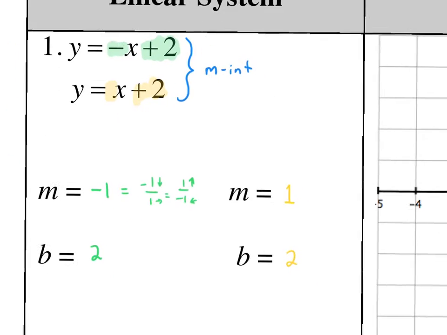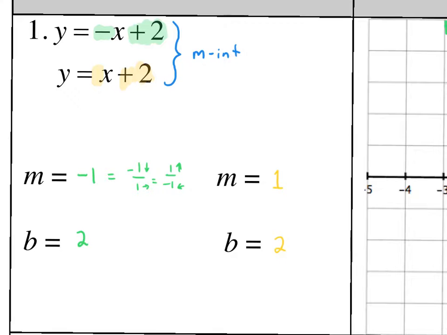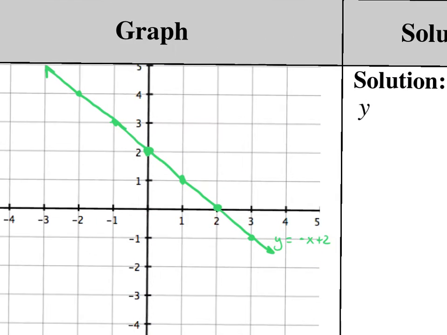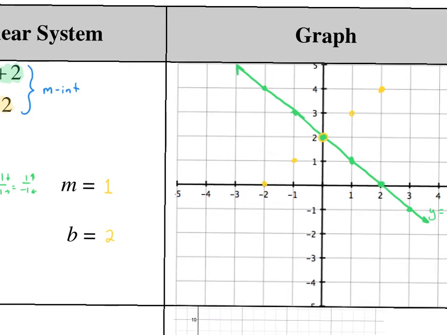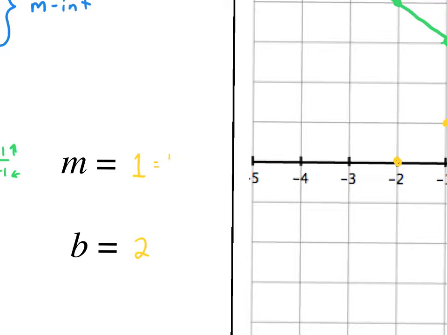Some of you might say, oh look, the intercepts are the same, which means they both touch the y-axis at the same place, which means they intersect each other at that same place. So start here and go up 1, right 1, or down 1, left 1. Just to refresh ourselves, this can mean +1 over +1, or -1 over -1.